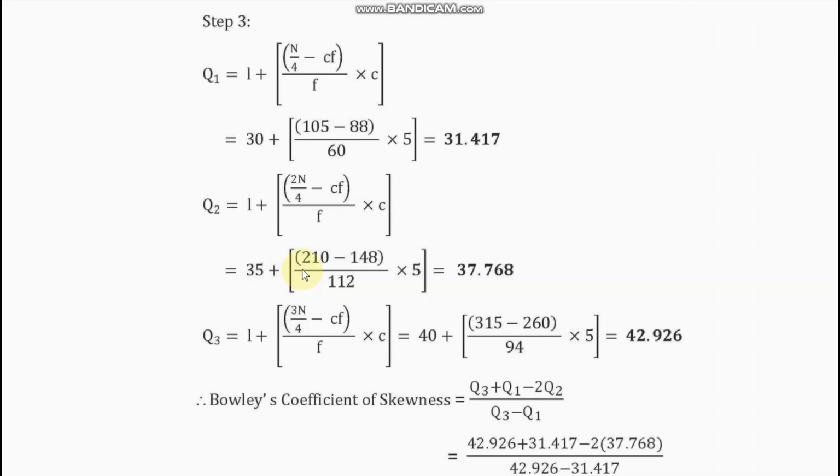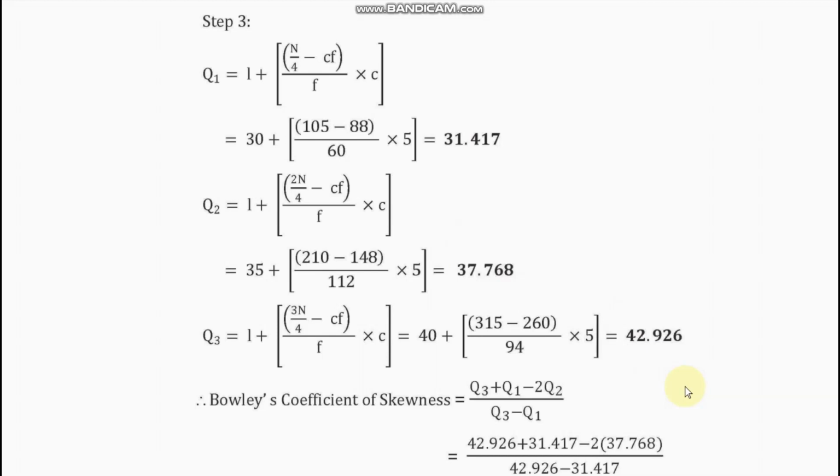That is 35 plus 210 minus 148 divided by 112 into 5, that is 37.768. Next, Q3 is equal to L plus 3 into n by 4 minus CF divided by f into c. That is 40 plus 315 minus 260 divided by 94 into 5, that is 42.926. So the first quartile value is 31.417, the second quartile value is 37.768, and the third quartile value is 42.926.